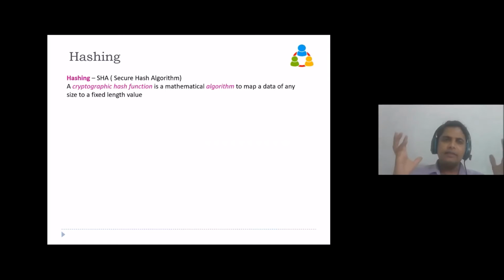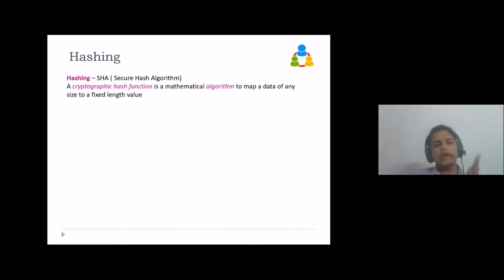Everything can be converted into a single long string. The size of the string will be fixed for any data. If you create a hash of a book, and a hash of the letter A or letter B or the words hello world, all the hashes will be of the same length and it will be unique.